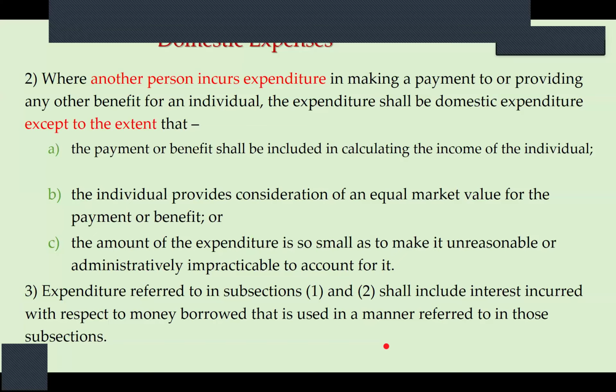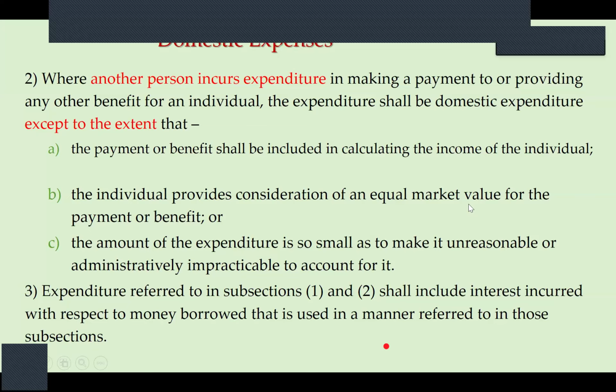The next one says, the individual provides consideration of an equal market value for the payment or benefit. That means, if we are giving something to an individual, so that individual provides consideration of an equal market value.